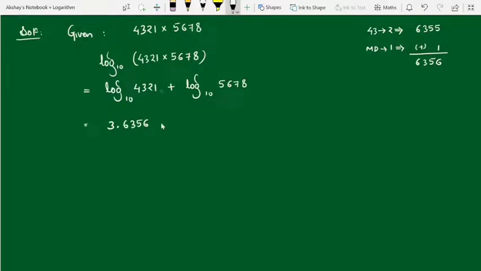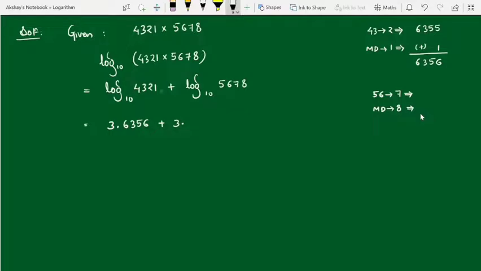6356. Okay. Plus. For this next one, can you just tell me what is the characteristic? The number is greater than 1. So count the number of digits, decrease the value by 1, the characteristic will become 3. Next here, from the table, under 56, under that 7, and the mean difference value, could you tell me what I have to see? Very good, 8. And these two values should be added.